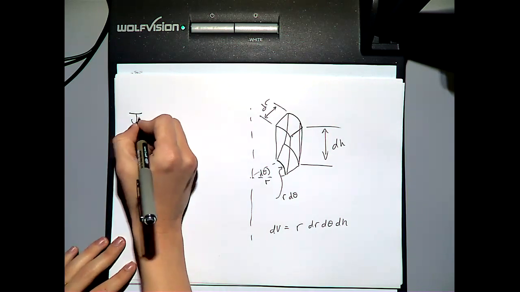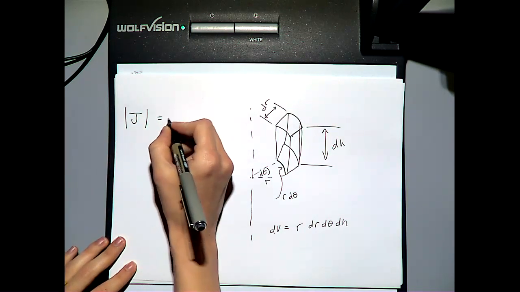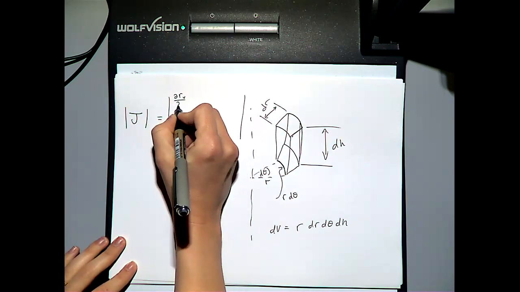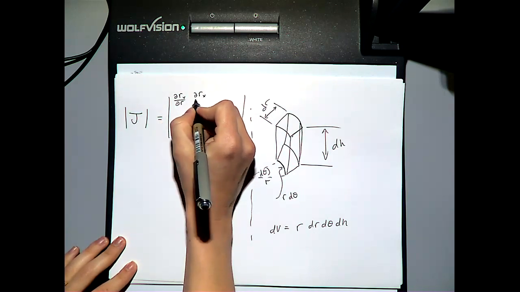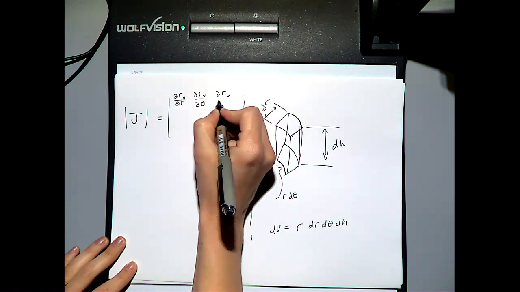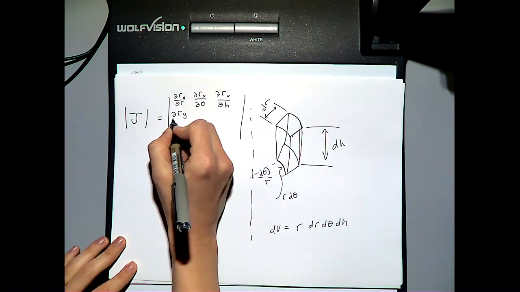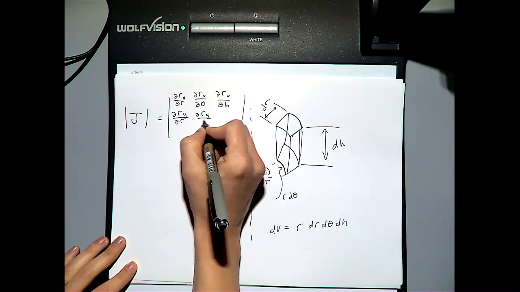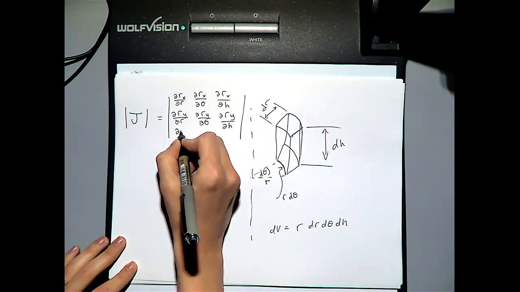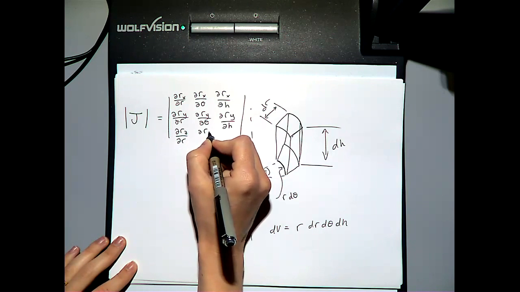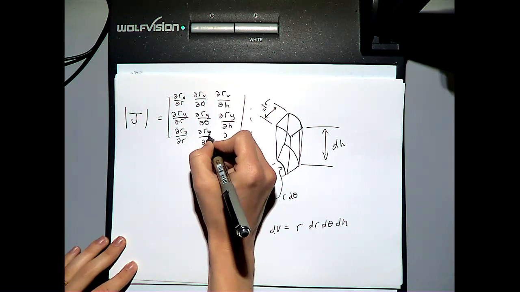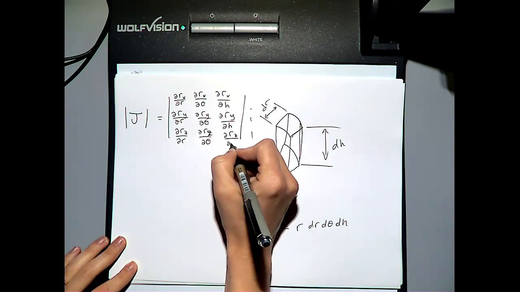This J, you need the determinant of that. So the determinant of this matrix: dr_x/dr, dr_x/d theta, dr_x/dh, dr_y/dr, dr_y/d theta, dr_y/dh, dr_z/dr, dr_z/d theta, dr_z/dh.